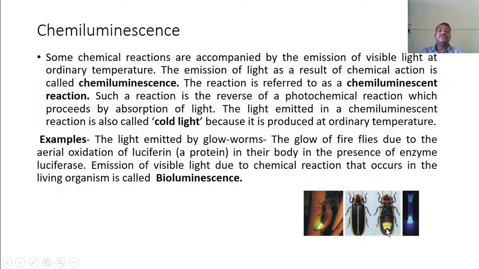Due to the aerial oxidation of luciferin by the enzyme luciferase, there is emission of light. The emission of visible light due to a chemical reaction in a living organism is called bioluminescence, a type of chemiluminescence seen in living organisms.